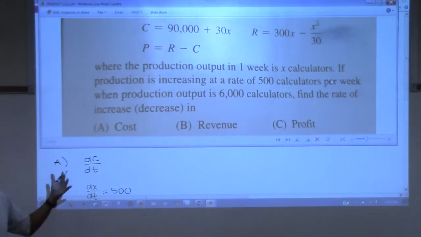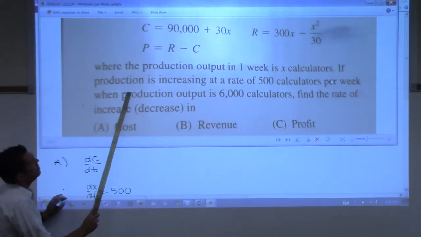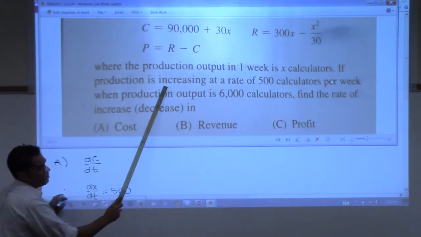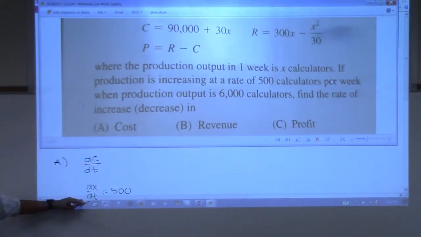Do you all see how that 500 is dx/dt? It's the rate at which your production is changing. Production is x, so it's the rate at which x is changing with respect to time. Follow me or not? Okay. What's the 6,000 then?